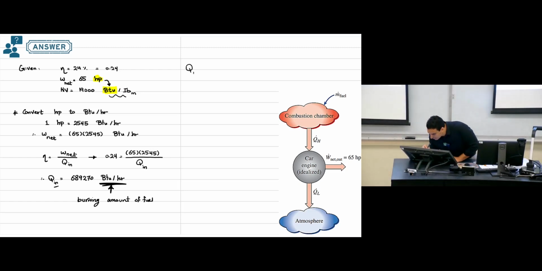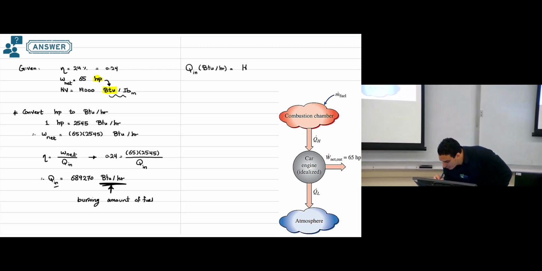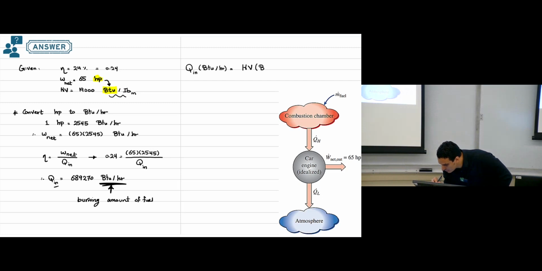So we have Qn, which is BTU per hour. This is equivalent to the heating value, which is BTU per pound mass, times mass flow rate in pound mass per hour.